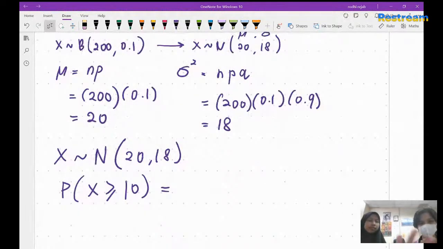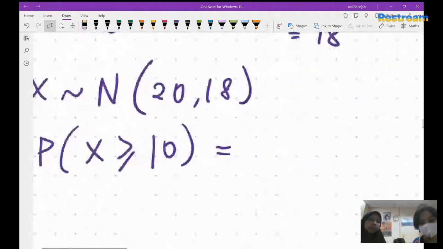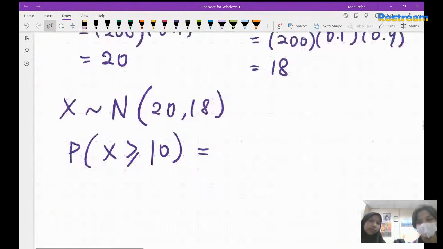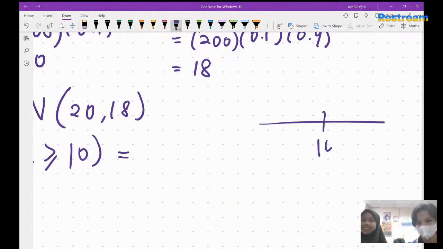When we have changed the binomial into normal, the only way to solve it is that we have to use approximation, because we have changed its form. So the approximation would be like a number line, 10, and then draw a box around it.